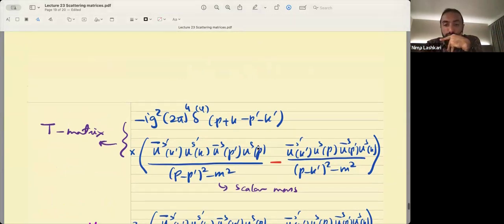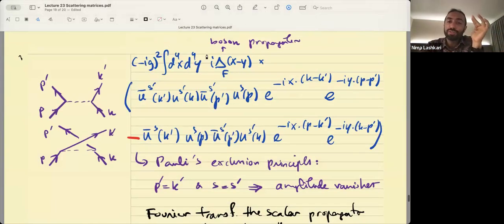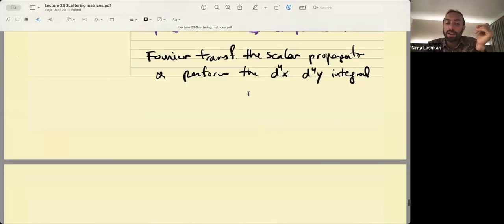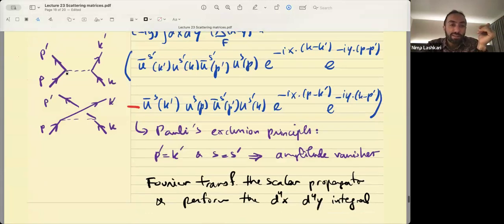Another thing is that the scalar will be off-shell. It just comes from doing this Fourier transform. What is the Fourier transform of this? It is just i over the off-shell propagator, with i epsilon. The Fourier transform of it will be (p minus p prime) squared minus m squared, because here the conservation of momentum tells you that this propagator will have momentum p prime minus p, and it's an off-shell particle.